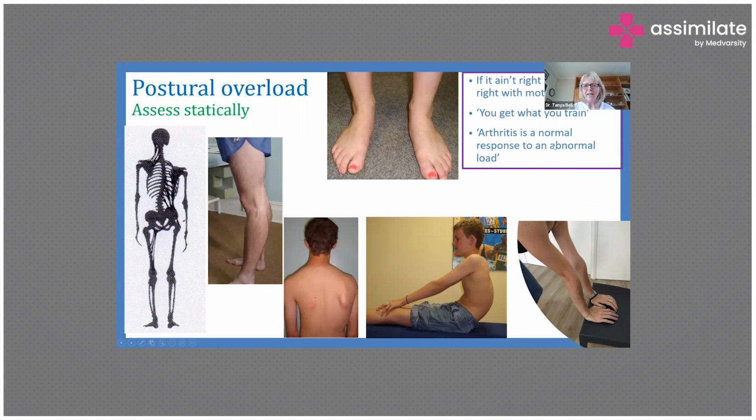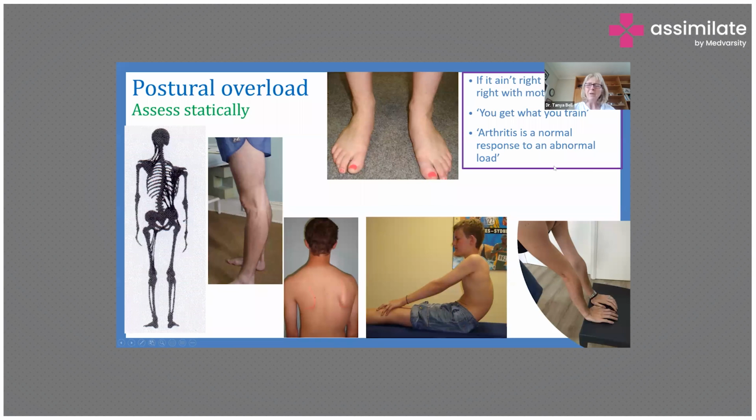If these athletes or sports people persist in training with this type of biomechanics, you're going to get the injuries because of that overload. And if you overload asymmetrically, of course, you're going to get asymmetric injuries. And if you spend your life throwing or serving, you're going to get injuries to your shoulder. So you get what you train.